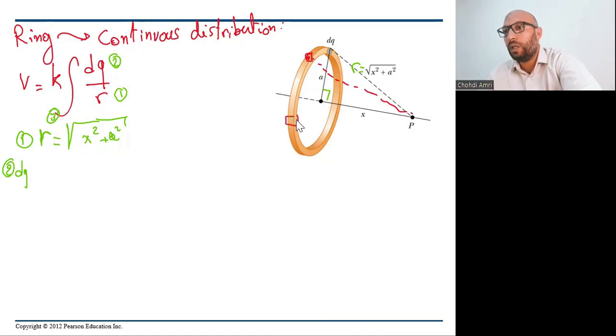If we put dq here, what happens to the distance r? You see that in all the cases, r is the same.